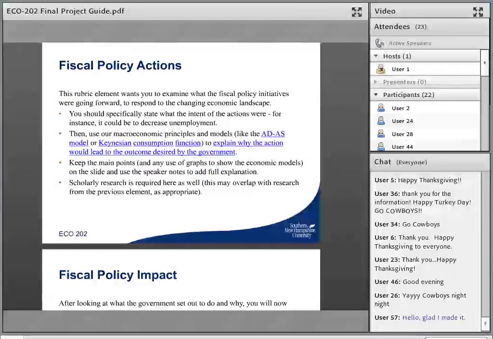All right, and then on the second element here, it's looking at fiscal policy actions. So this is fairly the same as the element you just did, except that you're going to be seeing how those policies change over the 10-year time period. So like I said, they might not change every year, but every 2 years we get a new crop of House of Representatives that are going to try to pass new legislation.